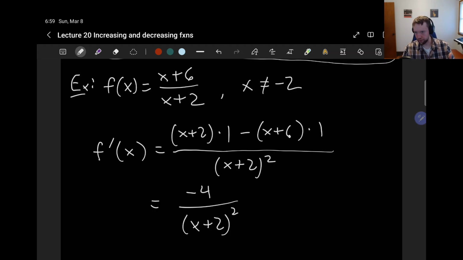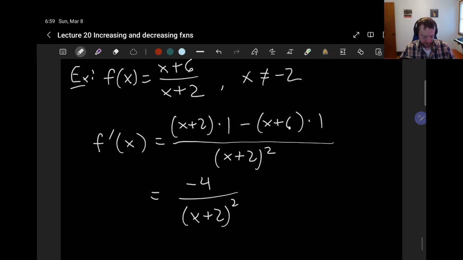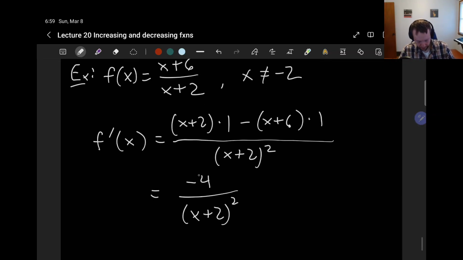So we want to think about, where is the derivative 0 or undefined? Notice that this will never be 0, because that depends on the numerator when you have a rational function like this. A rational function will only be 0 when the numerator is 0.